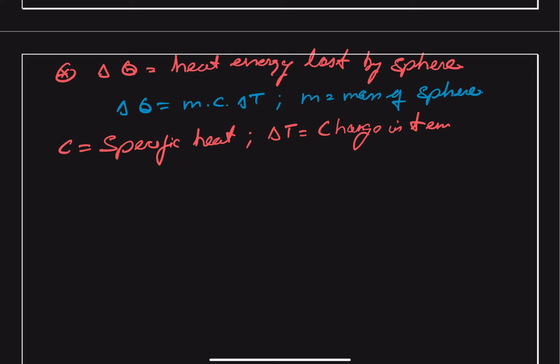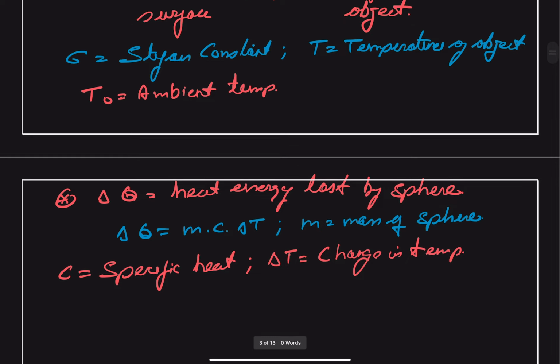Therefore, we substitute the value of delta Q in the Stefan equation. Let us call this equation number 1.